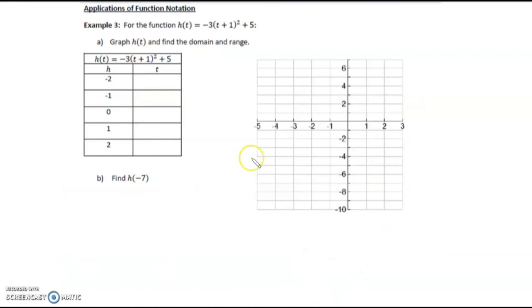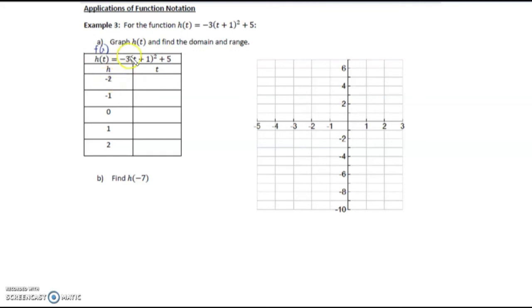Okay, applications of function notation. So for the function h at t equals -3(t plus 1) squared plus 5, what we're going to do is graph h at t and find the domain and range. This is the exact same thing as if this was a function at x, or x and y.